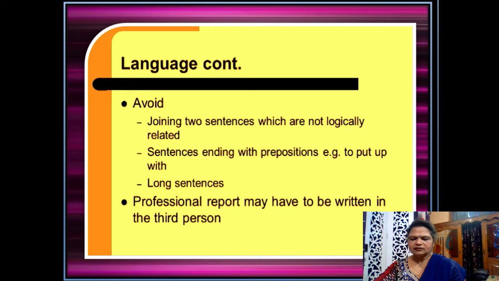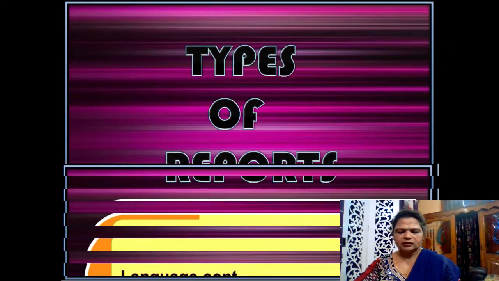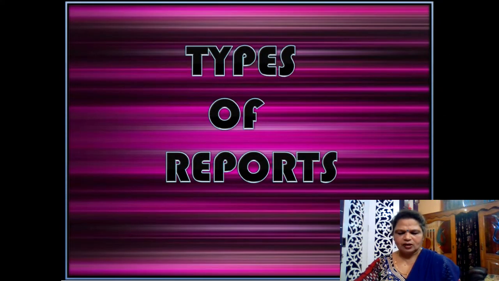Sentences ending with prepositions, for example, to put up with, must be avoided. Long sentences, as many times I told you, must be avoided. A professional report may have to be written in the third person. So if you are writing a professional report, first person and second person, no, it has to be written in third person.